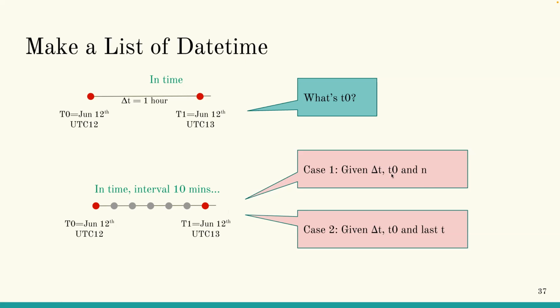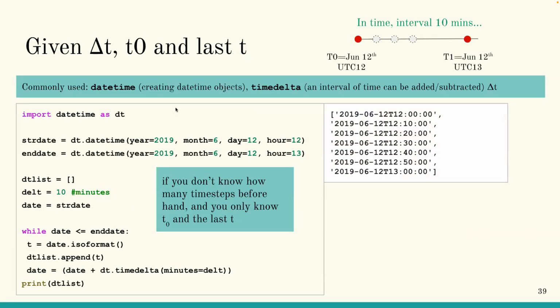What would be the n if we have intervals of 10 minutes? 1, 2, 3, 4, 5, 6, 7 data points in here. So n would be equal to 7. You have to use either case 1 or case 2 to make a list of time. So there are two cases. For the first case, we know delta T, we know T0, and the last T.